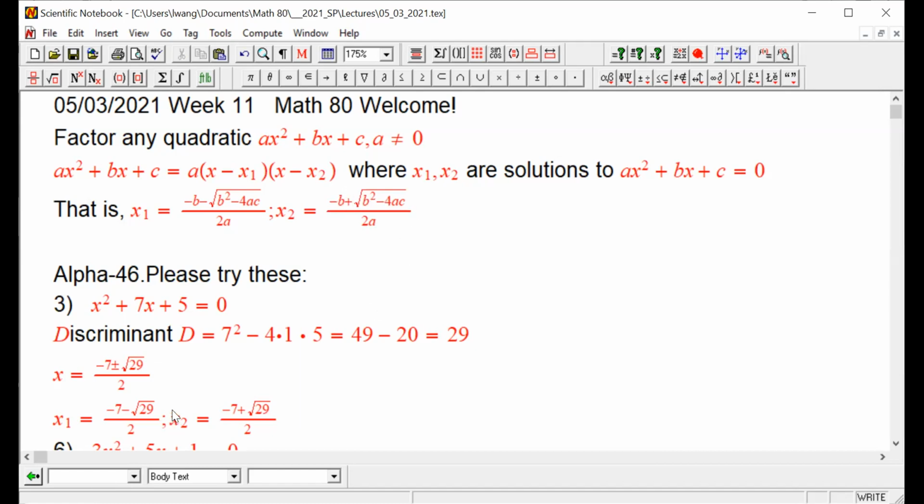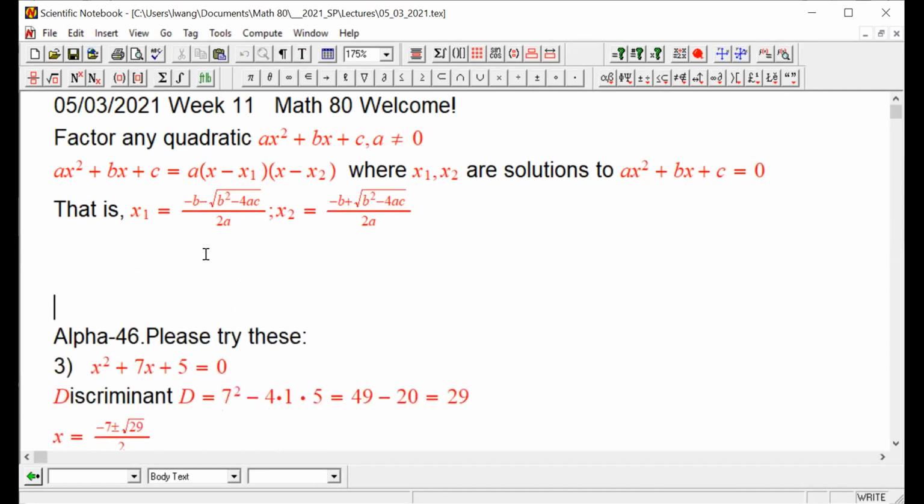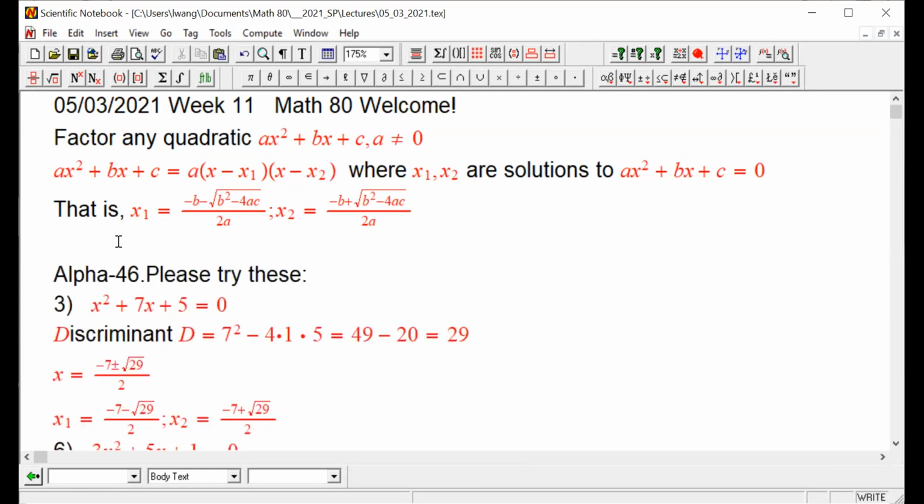So we can always factor, right? So now let's look at the factors we have for the first one, alpha 46. Factor x squared plus 3x plus 1.